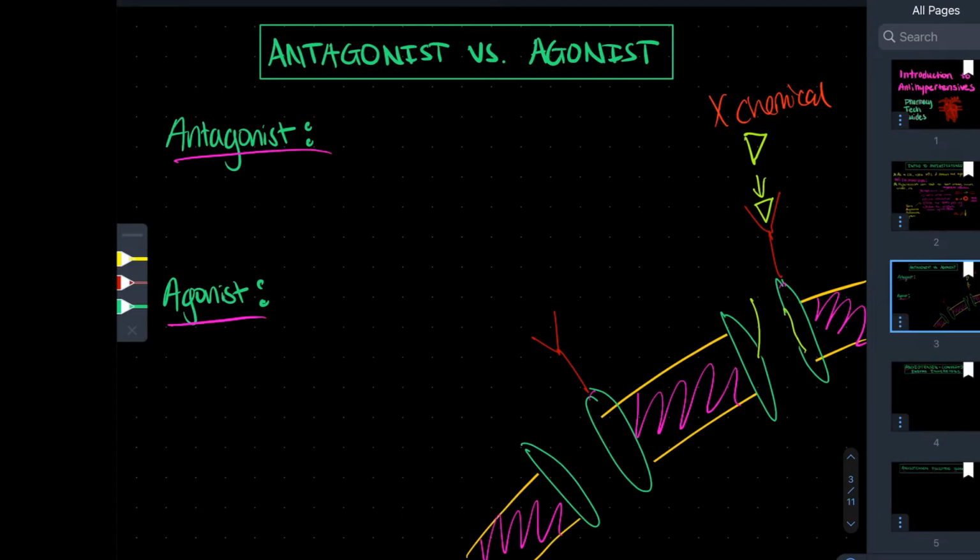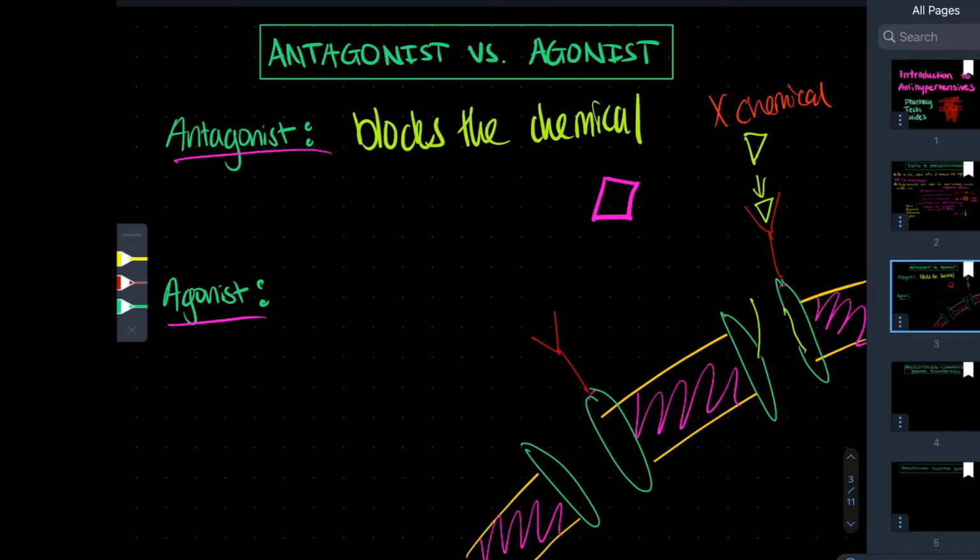So what an antagonist does is it blocks the chemical. And it can do this in various ways. So there's like competitive versus allosteric. But for that, it's not really important for this. And I don't want to get bogged down in advanced terminology when we're just kind of introducing the basics. So an antagonist, let's say this pink square here, let's say that is the antagonist chemical.